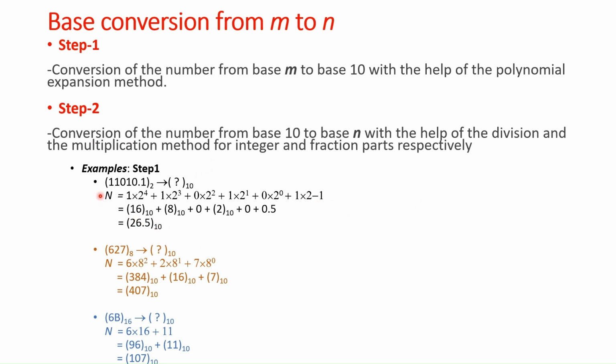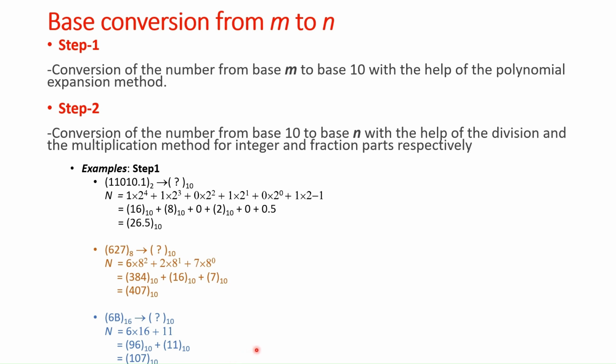Now here it is giving an example of a binary number 1101.1, and it is coming out to be 26.5 in decimal after the polynomial expansion. And this number 627 in octal is coming out to be 407 in decimal, and 6B in hexadecimal is coming out to be 107 in decimal.